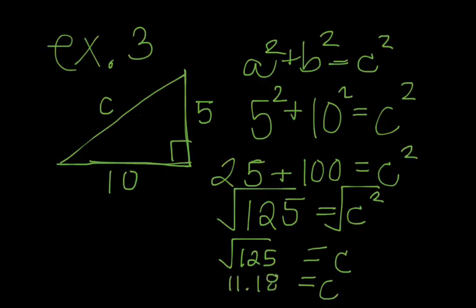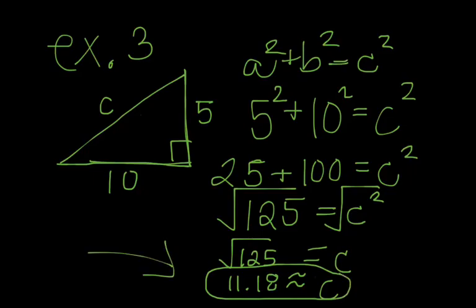And we won't use the equal sign. If you remember when we talked about approximating, you want to use the approximation sign, which is a little squiggly. And I'm going to make a note that says I used a calculator.